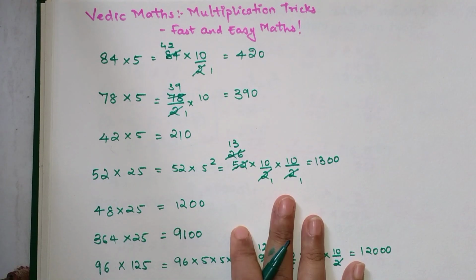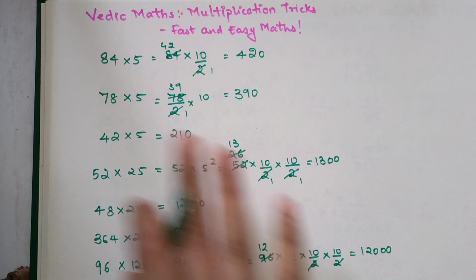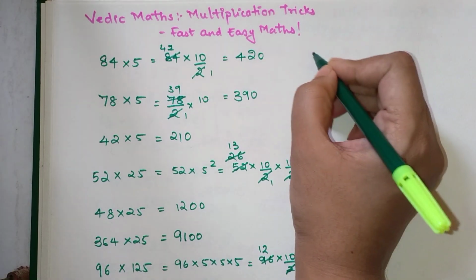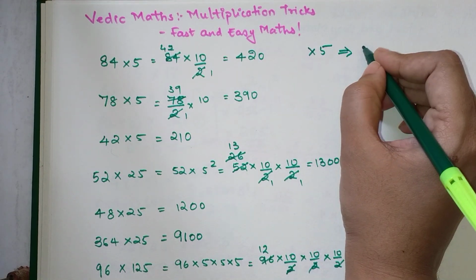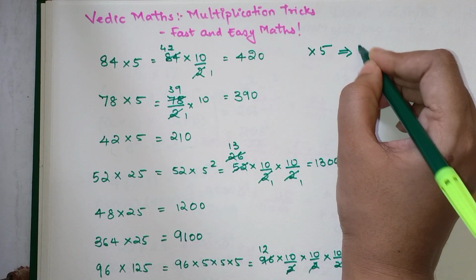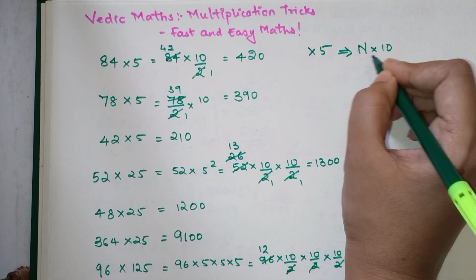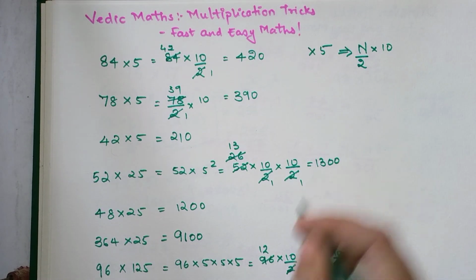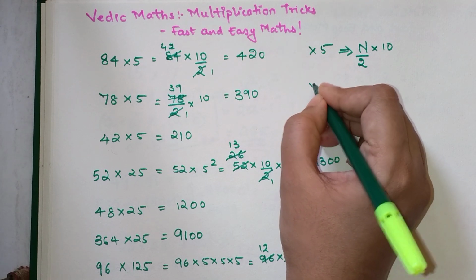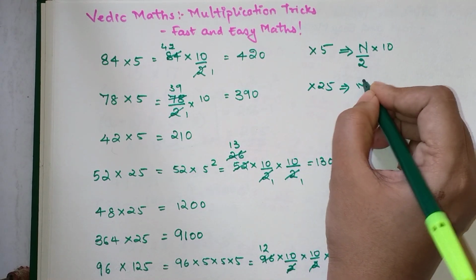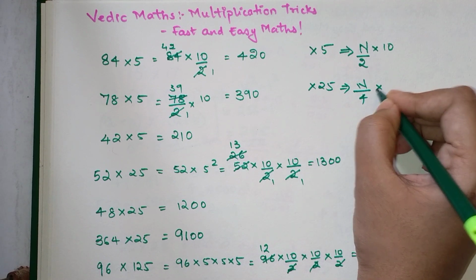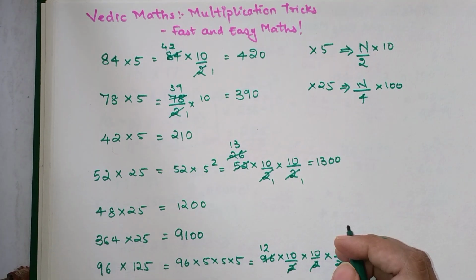Let's quickly revise how we do this trick. Whenever you multiply any number by 5, you multiply the number by 10 and divide it by 2. If you have a number which is getting multiplied by 25, you divide the number by 4 and then multiply it by 100.